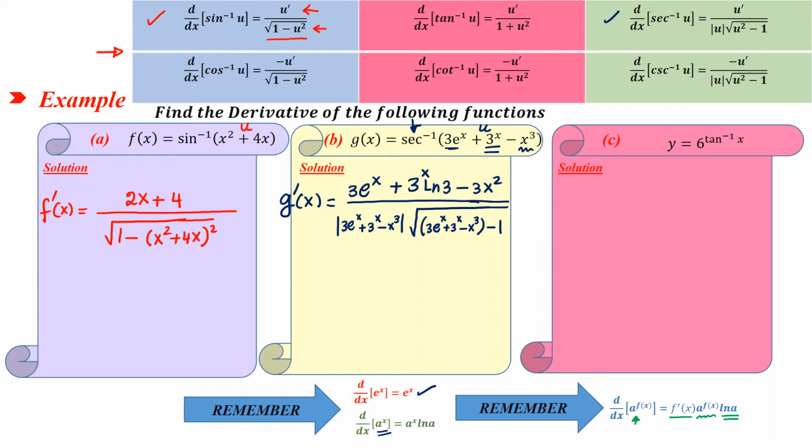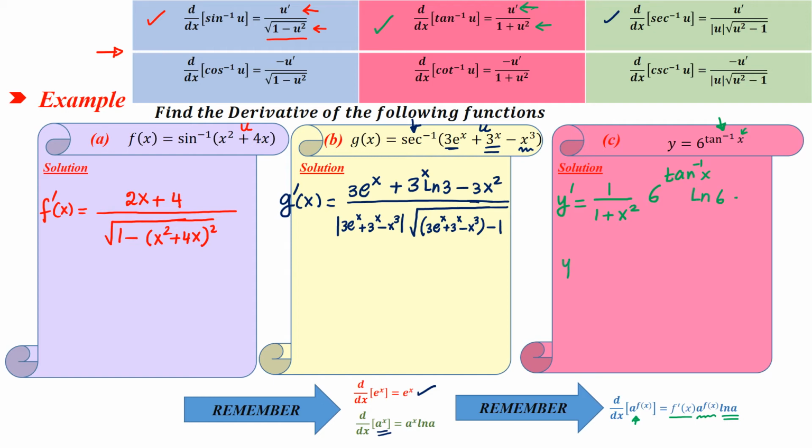So the base is 6 in our question, so y prime equals the derivative of the power or exponent, and the exponent is tan inverse of x. In general, the derivative of tan inverse is the derivative of the inside function divided by 1 plus the inside function squared, but the inside function is x, so the derivative of x equals 1, divided by 1 plus x squared, multiplied by the same function 6 to the power tan inverse of x, multiplied by ln 6.